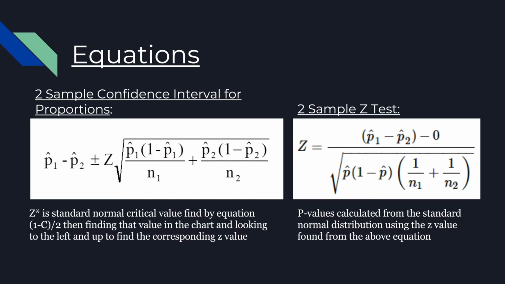All right, so these equations. If you want, you can pause the video and look at these equations and memorize them. They're very useful. And z, when it says z star, that is the standard critical value, so basically how many standard deviations it is, and you find it with the equation 1 minus c over 2, and then finding that value in the chart, and then you look to the corresponding z value.